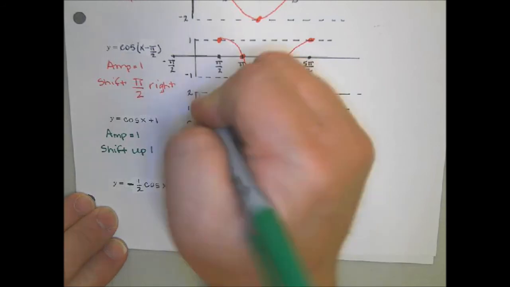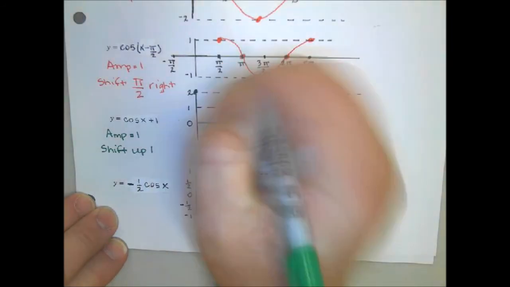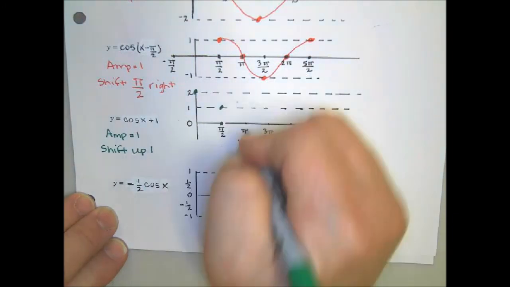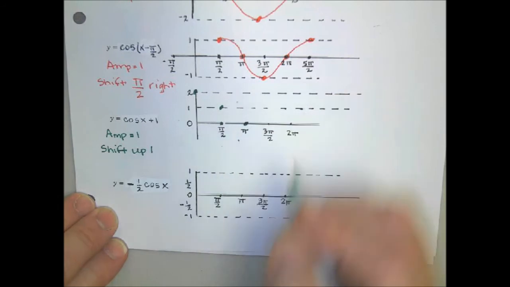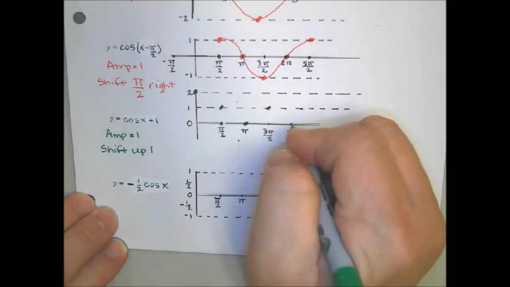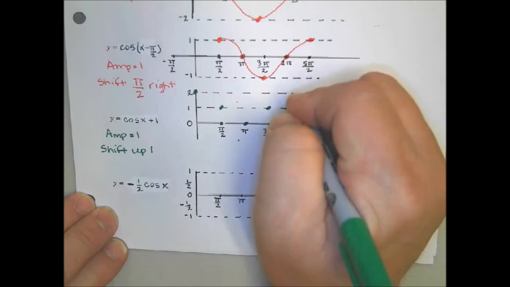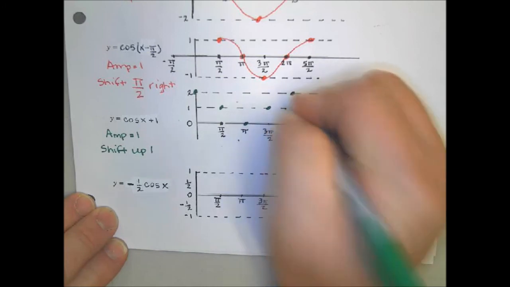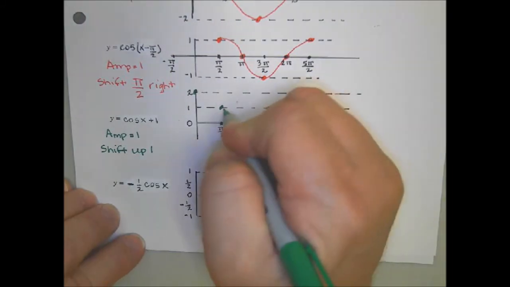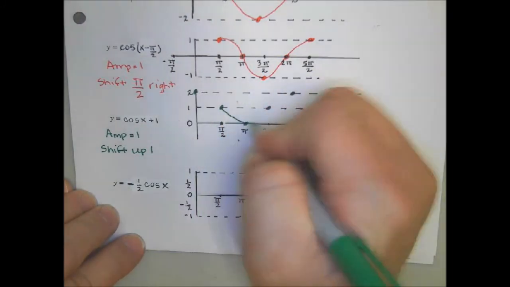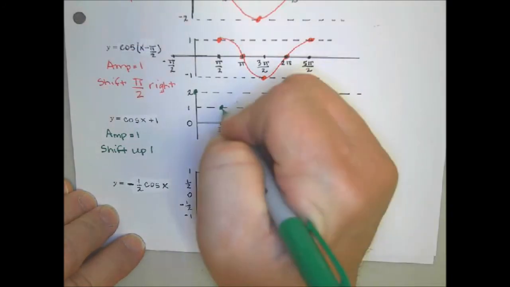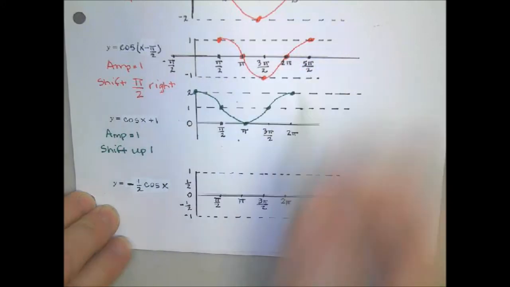So my graph is going to begin here at 2. It's going to cross right here. It's going to hit its lowest point right there. It's going to cross again right there, and it's going to come back to the beginning at the end of 2 pi. So let's try to graph it. And there we go.